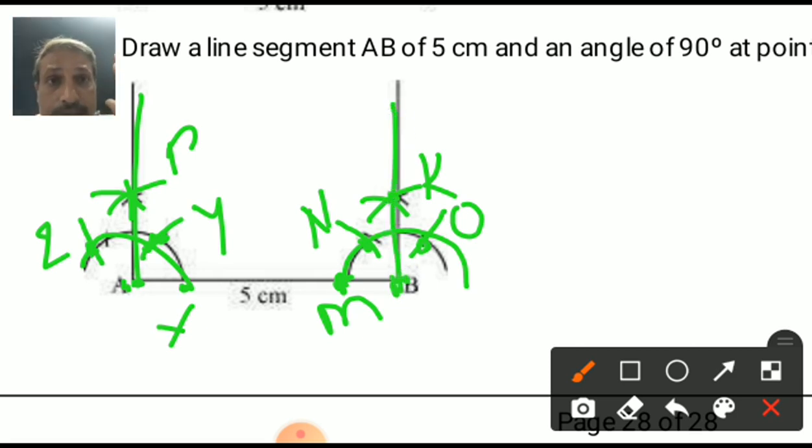Is it easy? Do you understand, beta? Correct? So here we are giving the name of the intersecting point, but try to avoid it. You are now a standard A student. Correct.